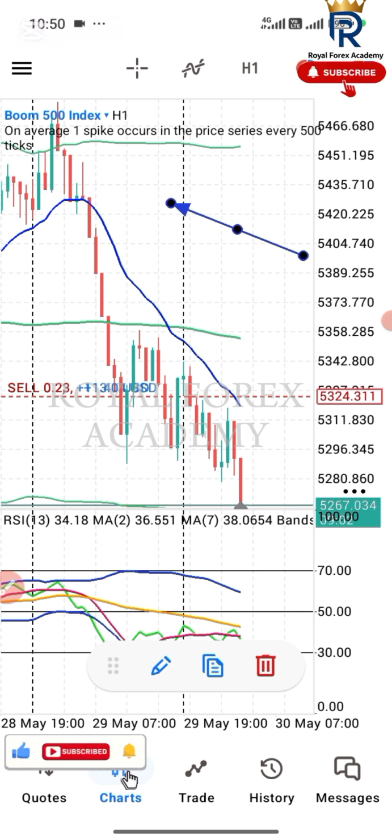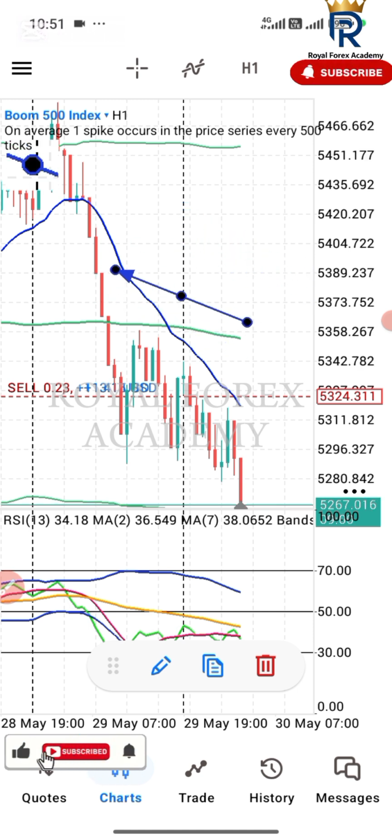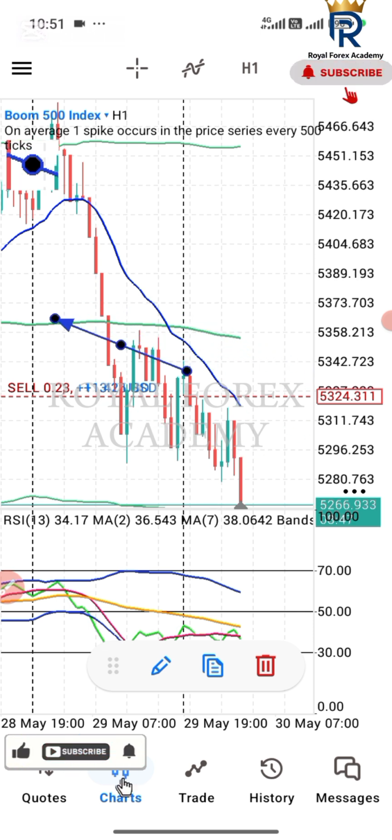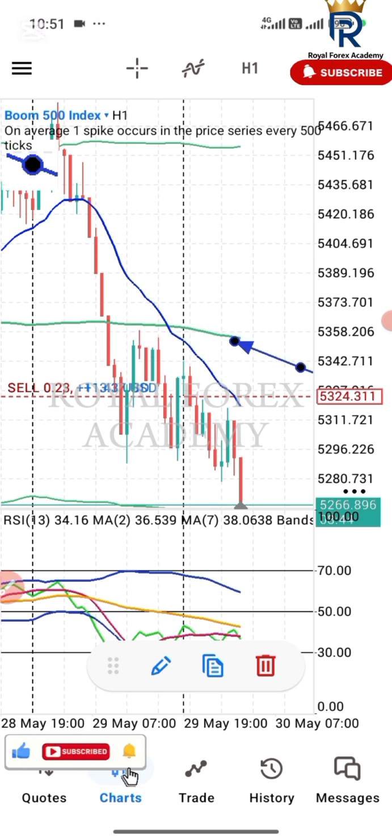So it will be a wrong trading decision for you to be thinking of buying in this type of price scenario. Alright, and bearing that in mind, from the candlestick we now use our moving average and our Bollinger Band as a confirmation.